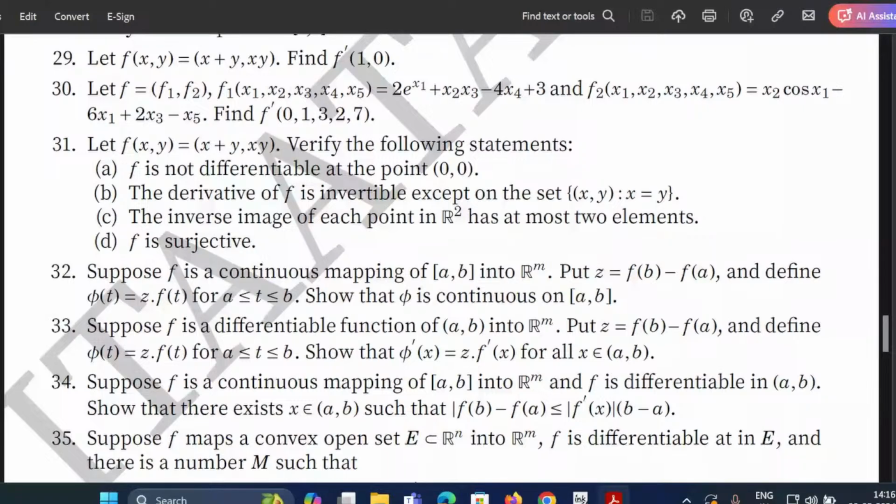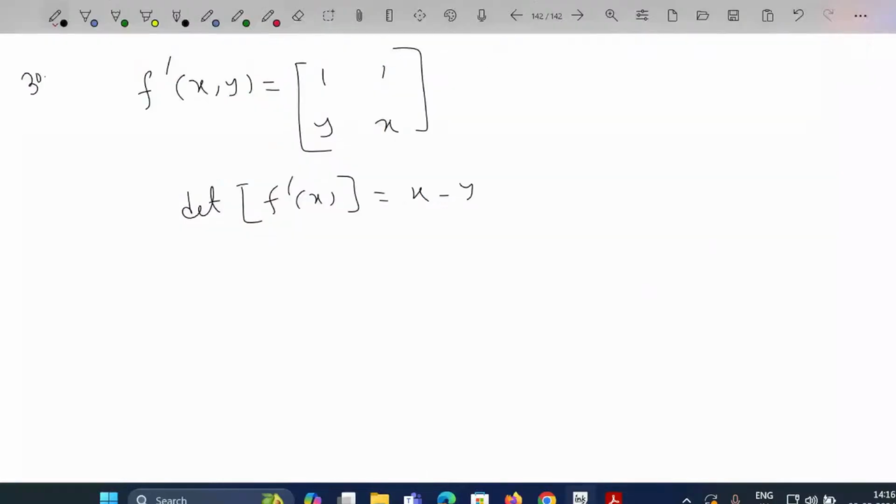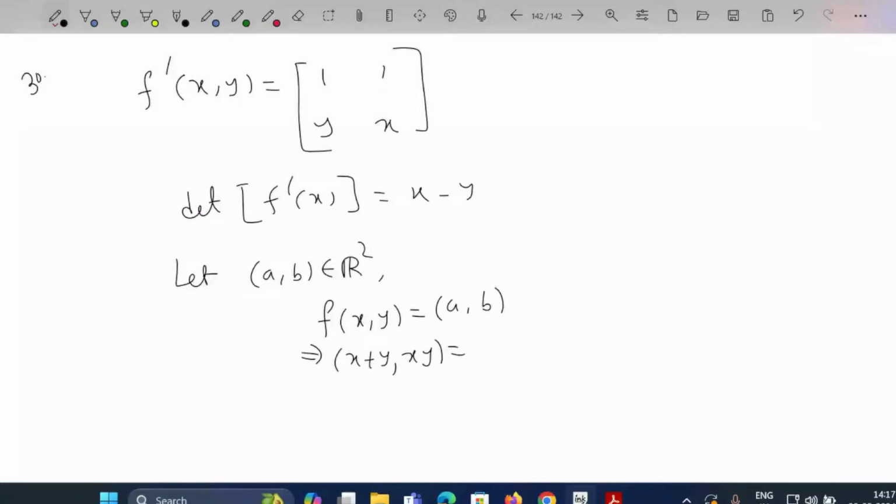Okay, if you are not getting it, let's calculate. Let's say AB belongs to R2. Then we want to find XY such that f of xy is A comma B. But f of xy is x plus y comma xy, which is a comma b.